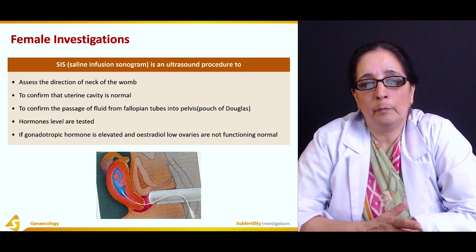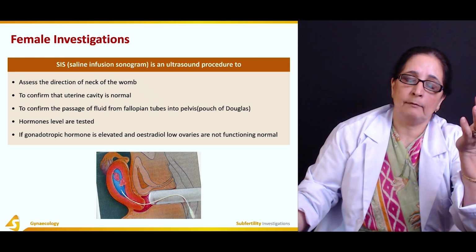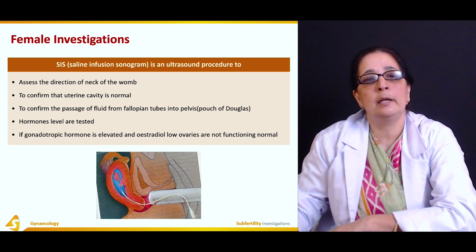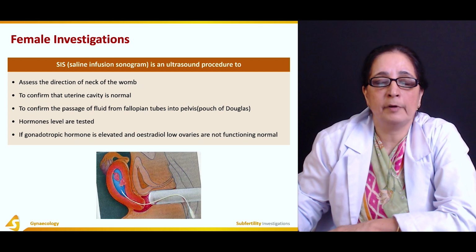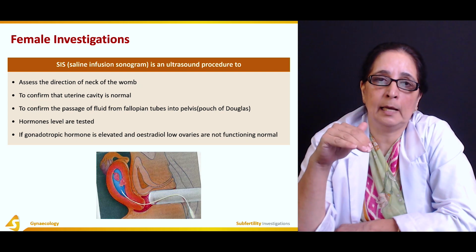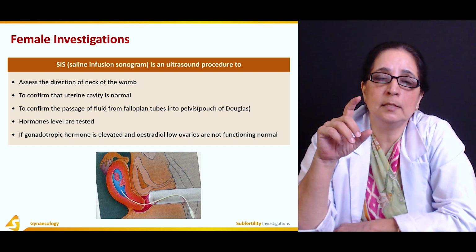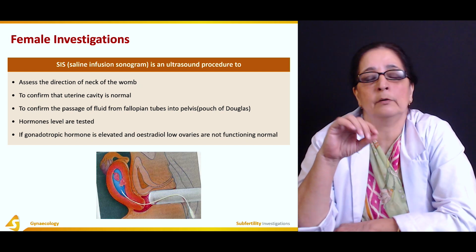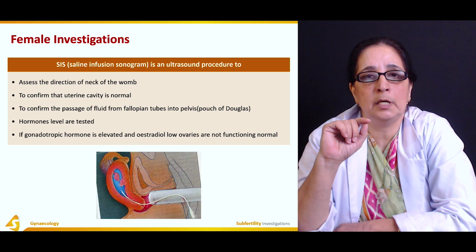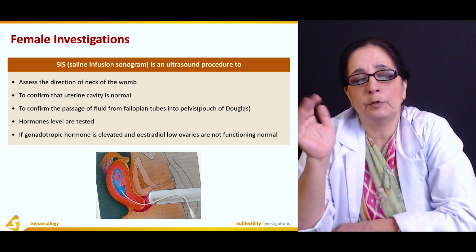If gonadotrophic hormone is elevated and estradiol levels are low, so if we have high levels of FSH and LH and ovaries are not producing enough estrogen, it means the ovaries are not functioning normally, because once the FSH and LH stimulate the ovaries to produce estrogen, estrogen in turn negatively blocks the level of FSH and LH. But in this case, if the ovaries are not producing enough estrogen, the level of FSH and LH keeps on increasing.